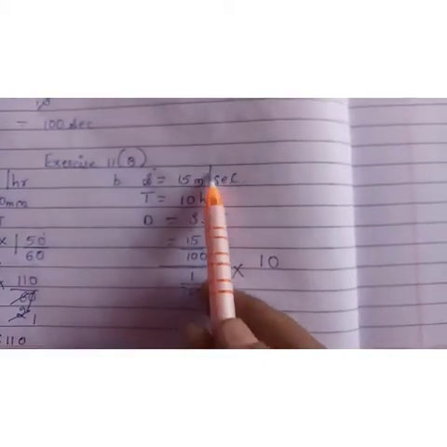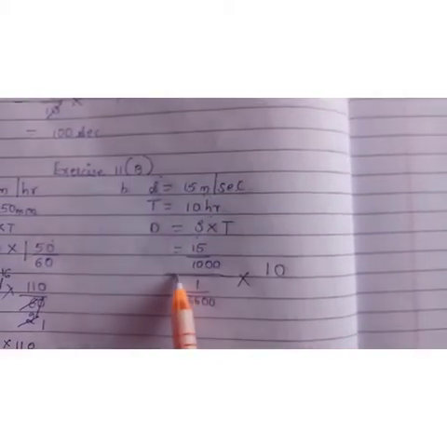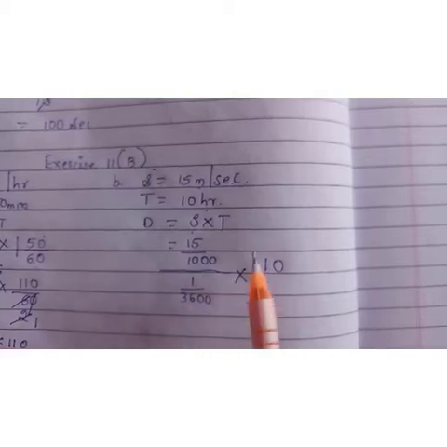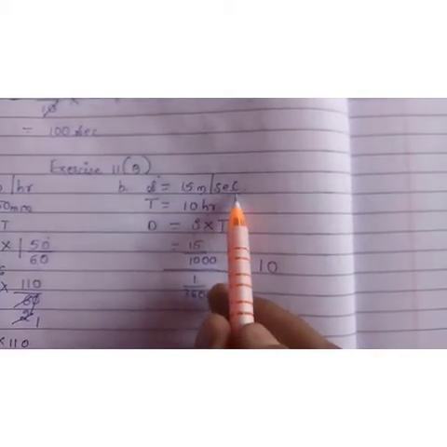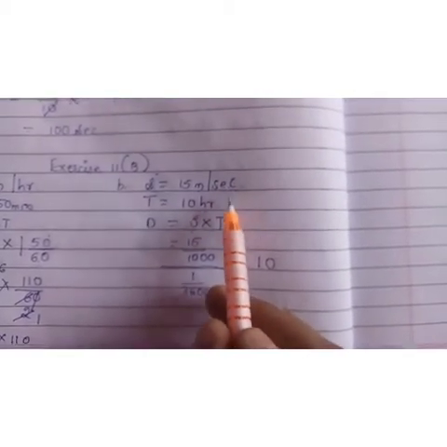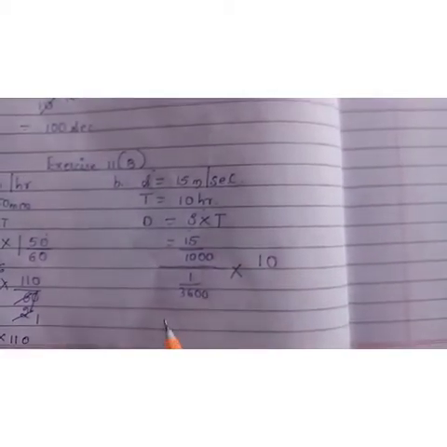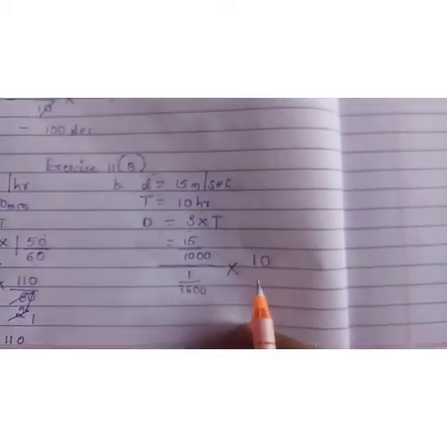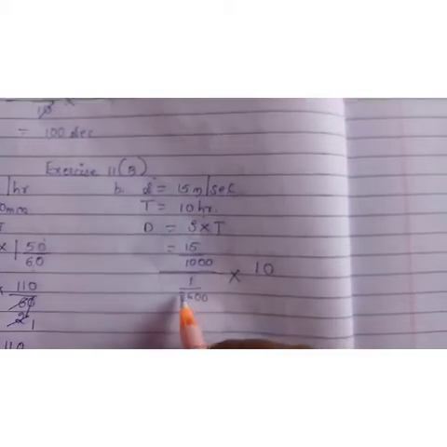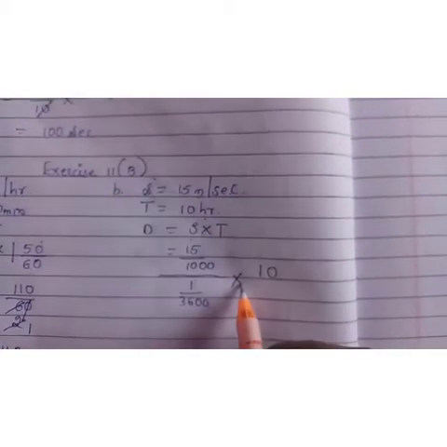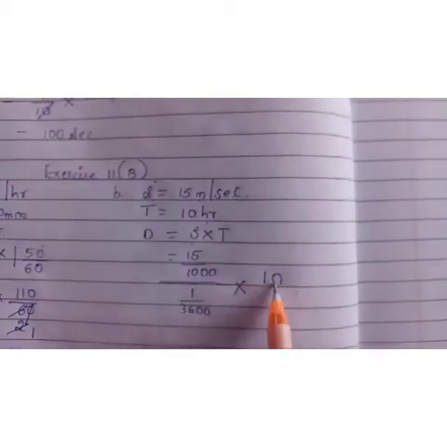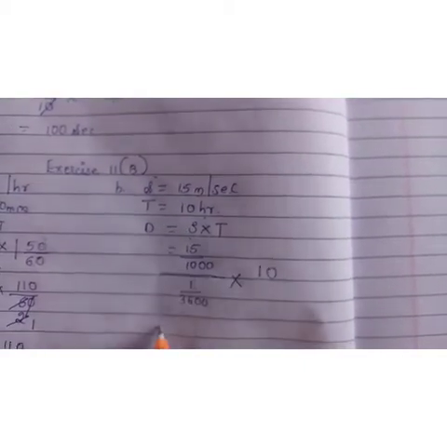Next we have per second, per, that is division. So this division, and next in second, 1 second. So for 1 hour we have 3600 seconds. You have already discussed it in the earlier video. So 1 upon 3600 into, what is the time, 10 hours. So into 10.